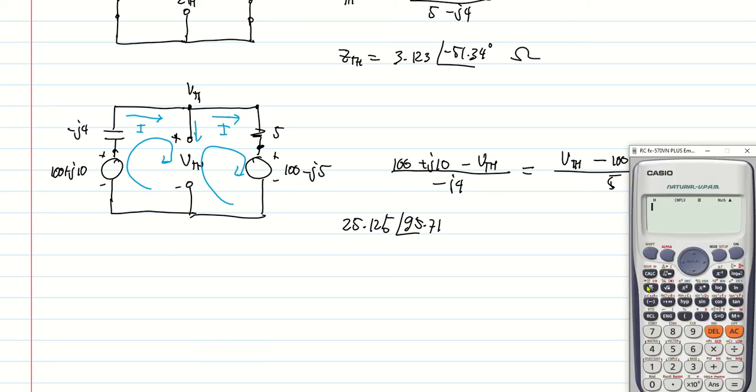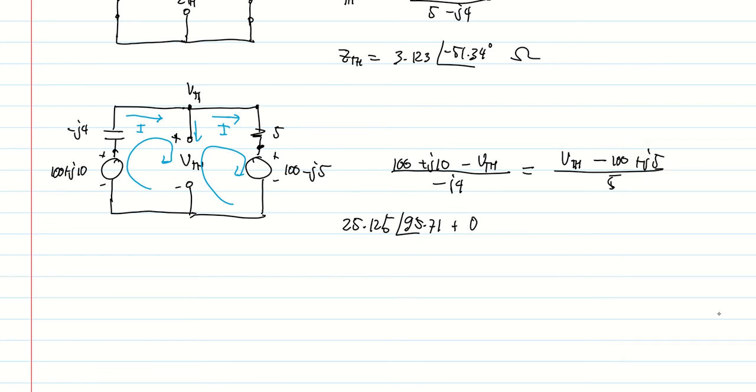So negative 1 divided by negative j4. So negative j4 will be 0.25 angle negative 90. So plus 0.25 angle negative 90. This is VTH times VTH. To the right side, we have 1 over 5 is just 0.2, times VTH.